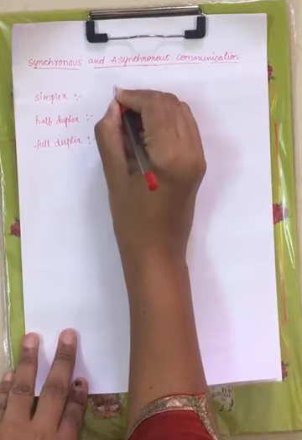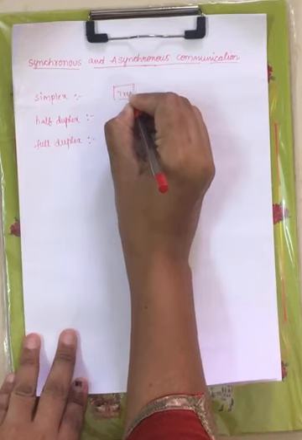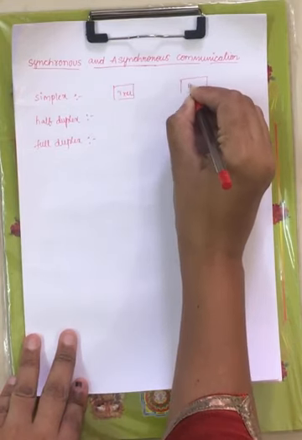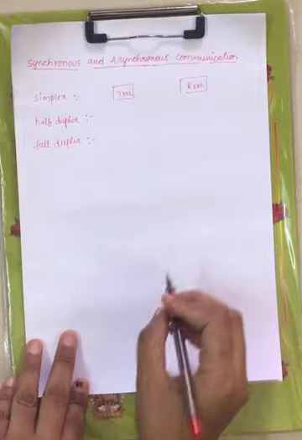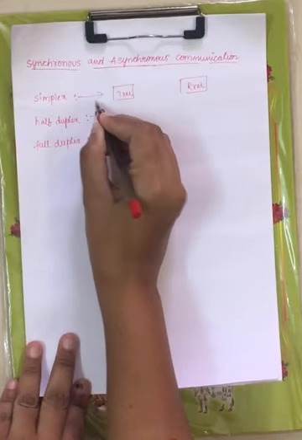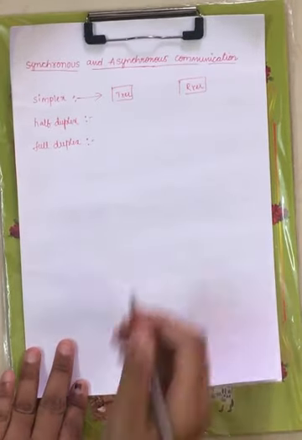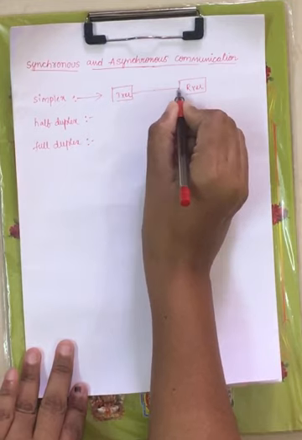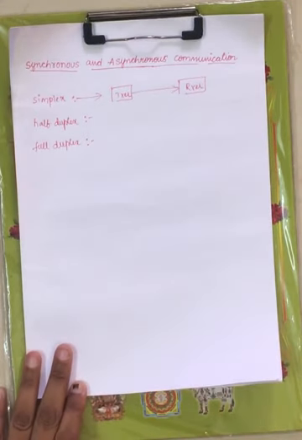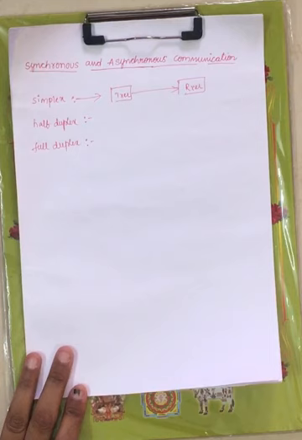Now coming to simplex, you have a transmitter for transmitting the data and a receiver for receiving the data. The transmitter will transmit the data and the receiver will receive the data. Under simplex, this is the way through which you can transmit the data only in one direction.